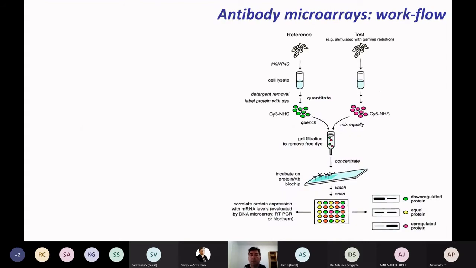How do antibody microarrays work? We always have a reference situation, which can be a protein extract from cells, and the situation that we can compare with the reference. In this case, a test, for example, the same cells stimulated with a reagent. After obtaining the cell lysate and quantifying the amount of protein, we label each situation with a different dye.